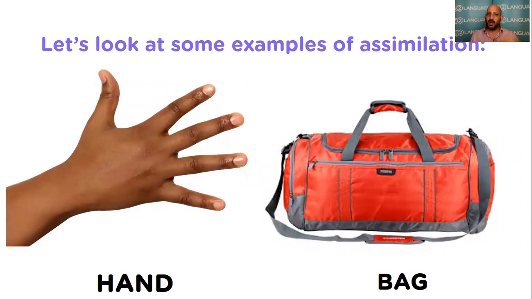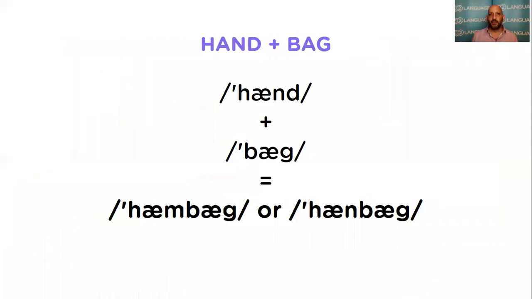On the left, we have a hand, and on the right, we have a bag. Two simple one-syllable words in English, a hand and a bag. So the phonetic symbols are hand, h, a, n, d, and bag, b, a, g, okay? Hand, bag. But when we make it into one word, a compound word, it's not "handbag," is it?